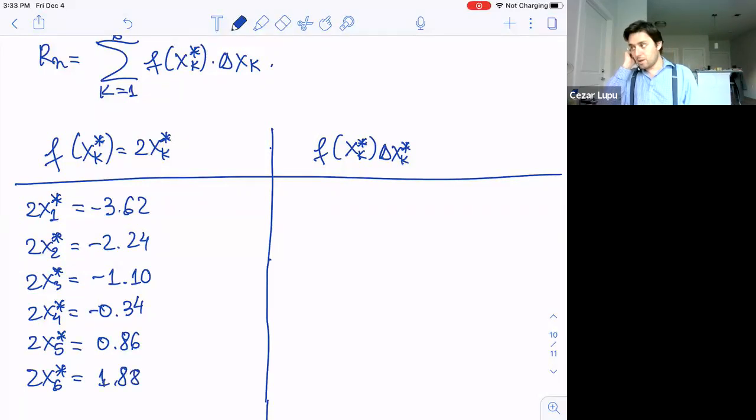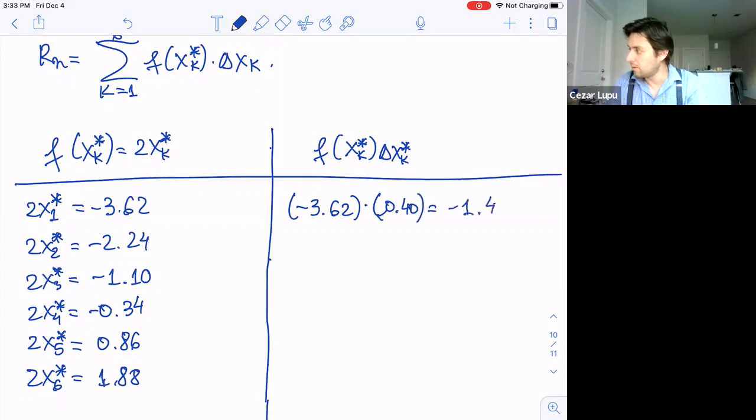Okay, and now in this case, we're going to multiply them. So we're going to have f of xk star times delta xk, so it will be negative 3.62 times 0.40, which would give us, okay, I'm just going to copy them from the lecture notes.